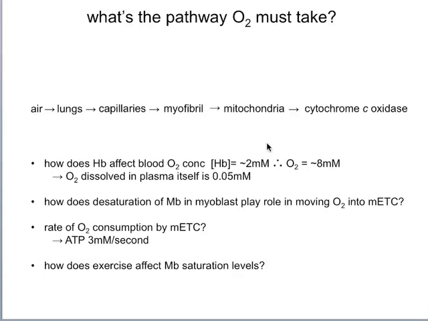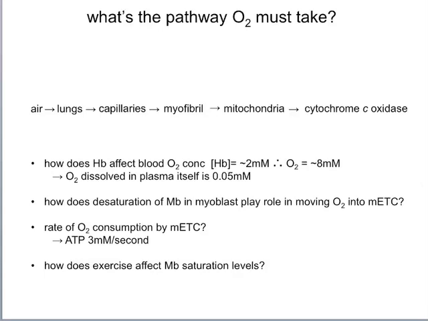The hemoglobin is about 2 millimolar in your blood, and because there are 4 oxygen binding sites on a hemoglobin molecule, if you didn't know that yet, you're going to know it by the end of this series of lectures, the concentration of oxygen, due to hemoglobin binding it up, is 8 millimolar. That's like a factor of 100 higher in concentration than that which would be in the solution itself.